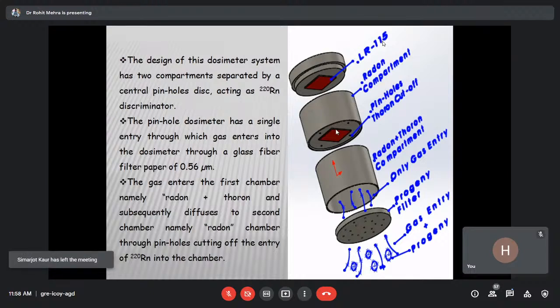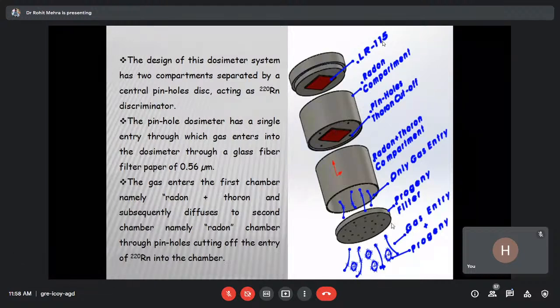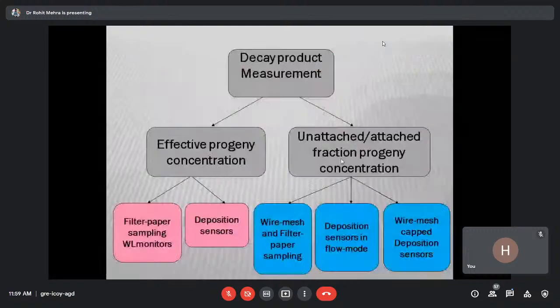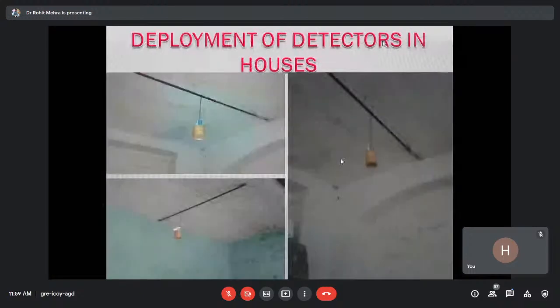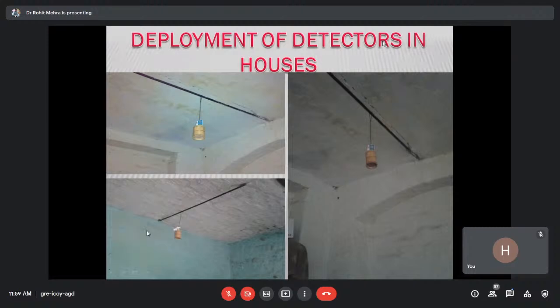So just for your knowledge sake, that is how we study: we allow the air to enter this chamber. And I will show you how they are hung. This is how these are being hung. We hang these detectors in the houses in such a fashion that they are away from the ceiling. They should be away from the walls also, so that the direct effect of building material does not come. Only the air surrounding this detector should matter.